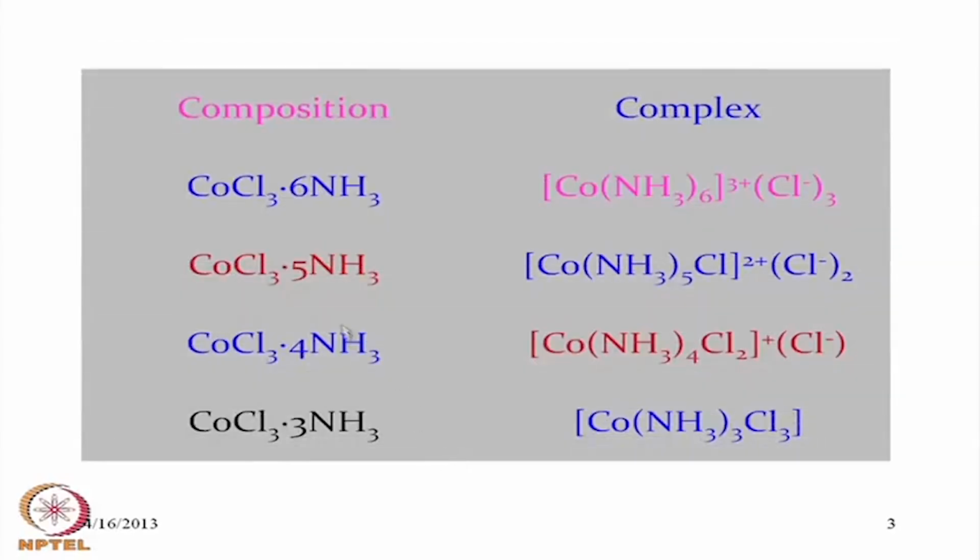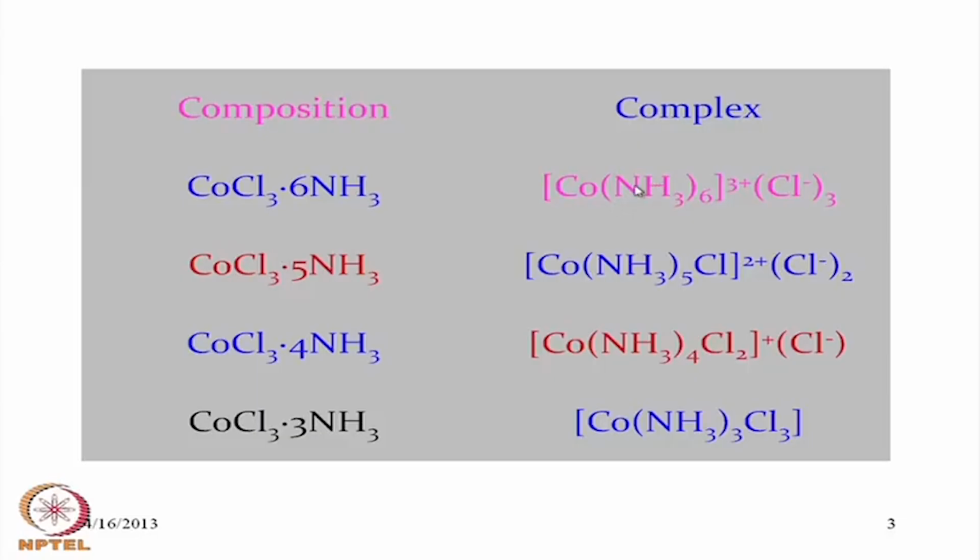So now we can summarize what was reacting in all these cases. In the first case, this was the composition we are trying to analyze: cobalt chloride with 6 ammonia molecules. This can be considered the first sphere of attraction.